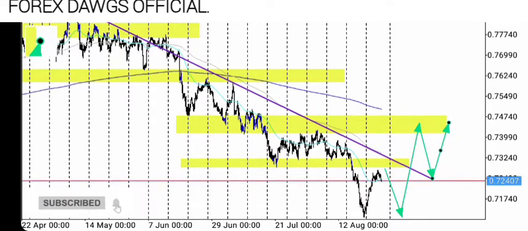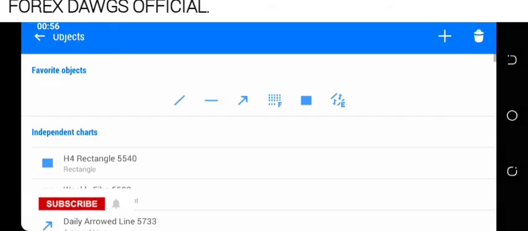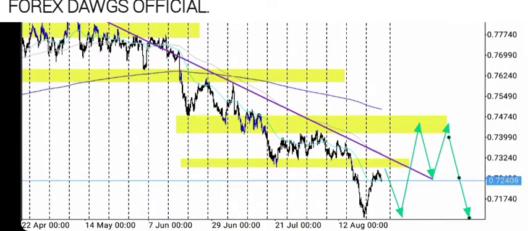Then go down. So this is actually my anticipation using price action only before BTMM.